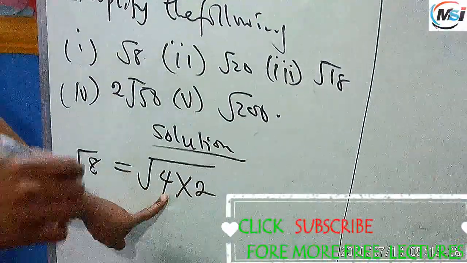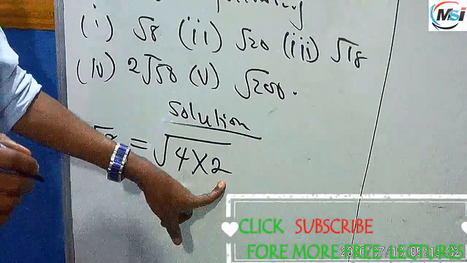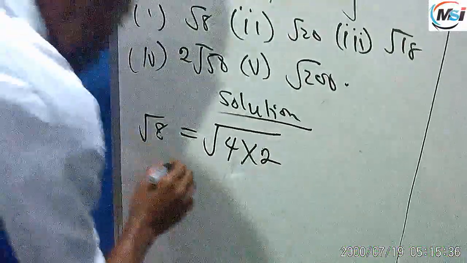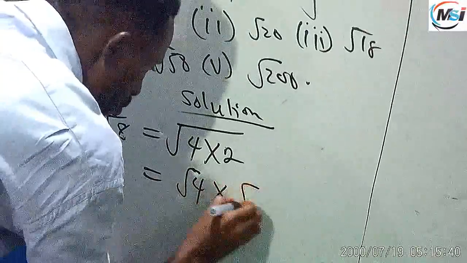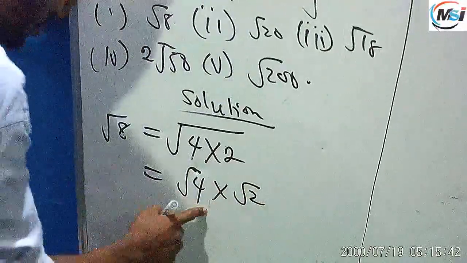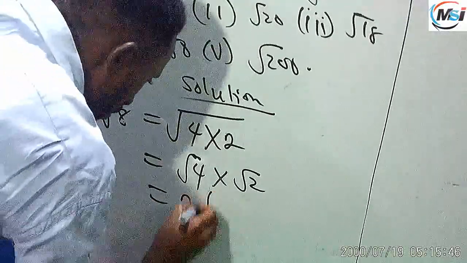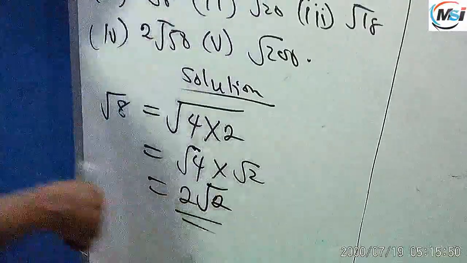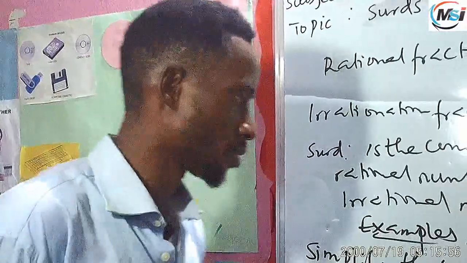The 4 in this sense is a rational number, while the 2 cannot be expressed exactly, which is an irrational number. So you break it down to √4 times √2. The square root of 4 is 2, which is exact and defines a rational number, but √2 is not exact, which defines an irrational number. So the answer is 2√2.